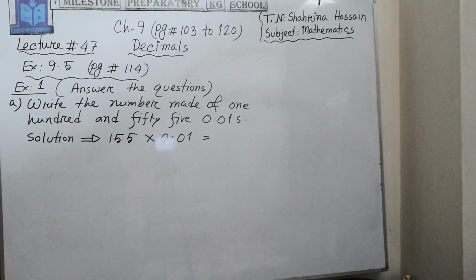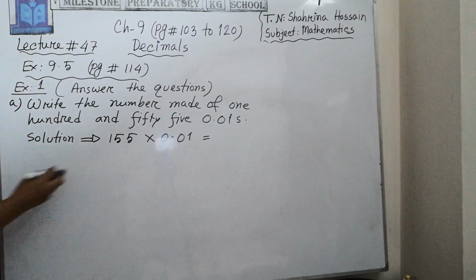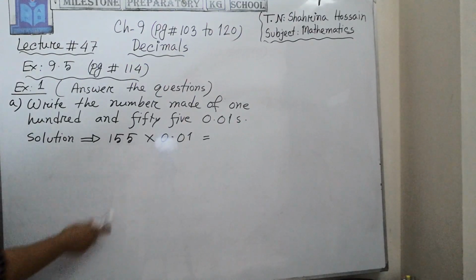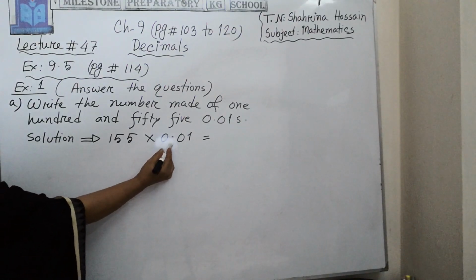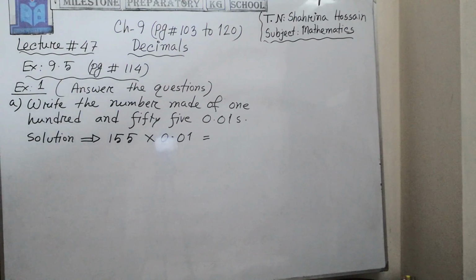If we follow question A, our multiplicand is 155 and our multiplier is 0.01s. In the decimal fraction, this is the rule. When we multiply any number with 0.01s or 0.001s or 0.0001s, this time we follow the point.